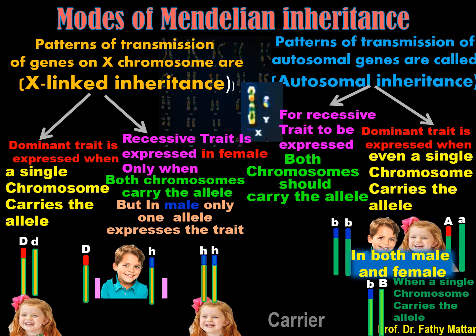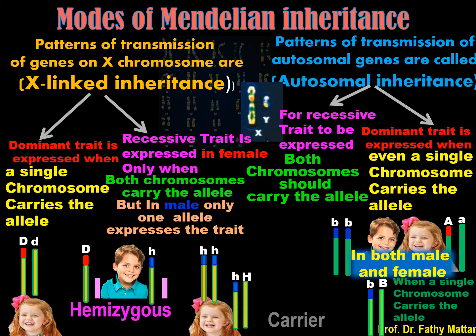Because it is the only gene found in the male, on the X chromosome of the male. In female, if one X chromosome carries the dominant and the other carries the recessive, this is a carrier.